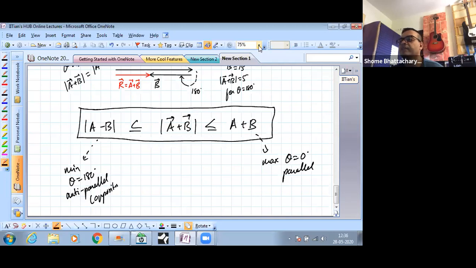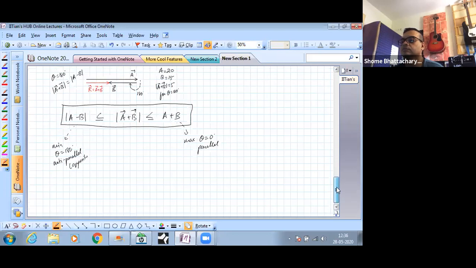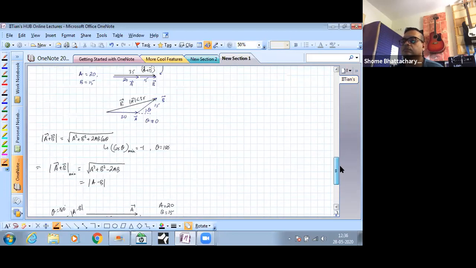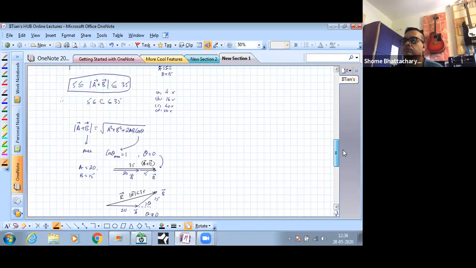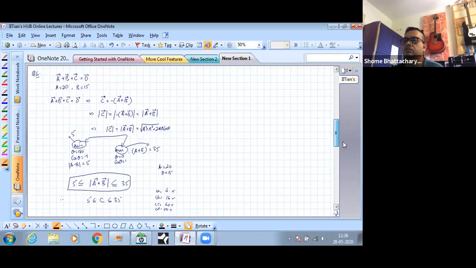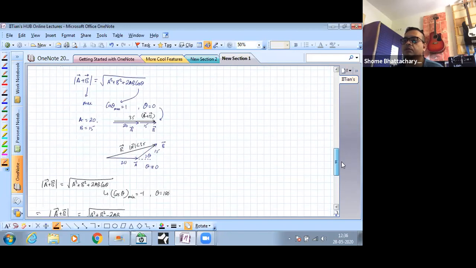So this is an important factual aspect about vector algebra. Okay, so I'll just lead you through this part.